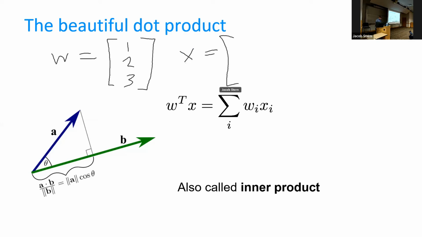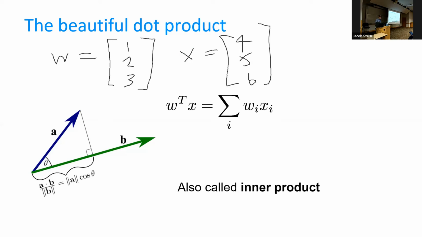We have two vectors, and we want to take the dot product between them. We take each entry of those vectors, and we multiply them with each other.